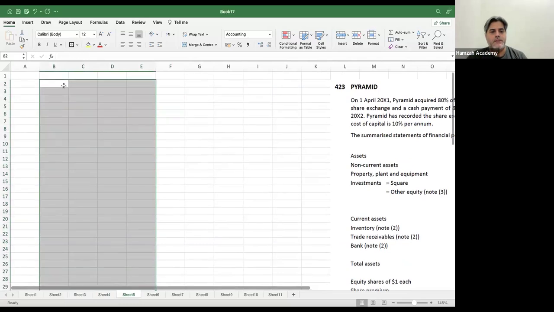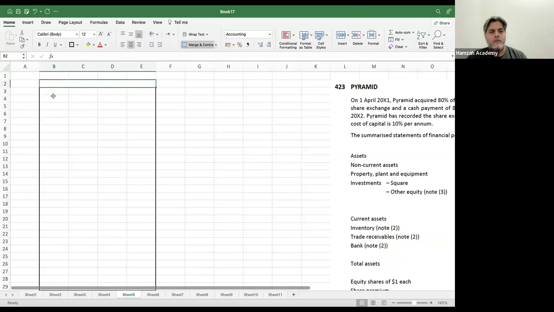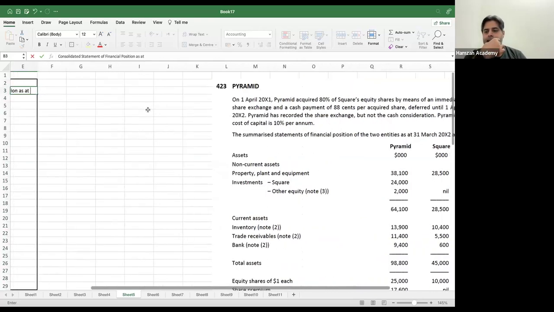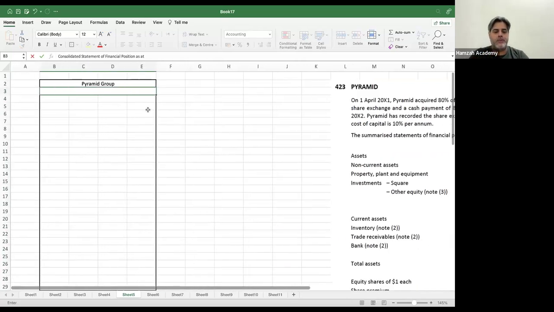I'm going to box it up, merge, merge, Pyramid group, consolidated statement of financial position as at 31st March 2022.